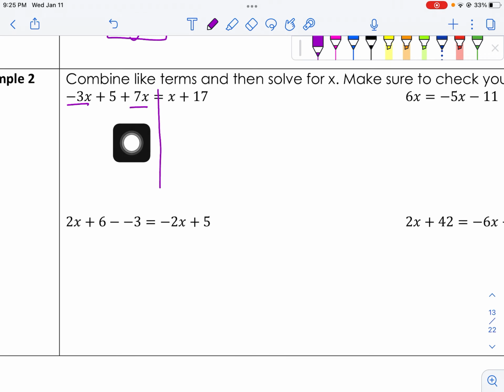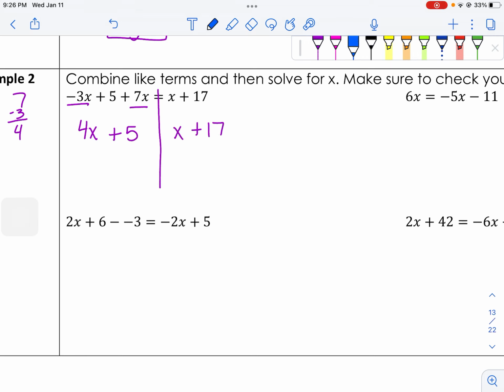These are different signs, so you're going to find the difference between them, which means subtract. 7 take away 3 is 4, and 7 is bigger, so you're going to have 4 x's there. Then you still have a positive 5. And then you have an x plus 17.